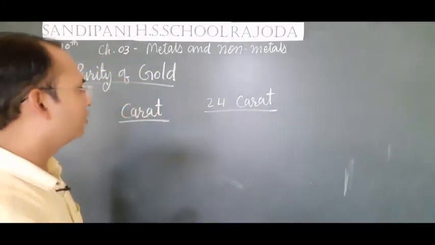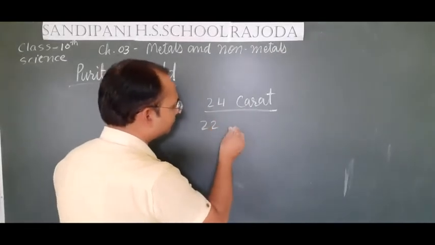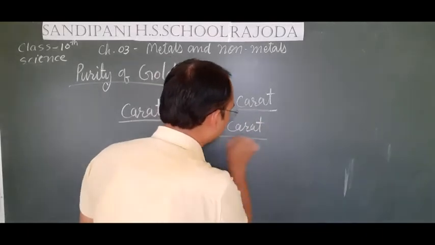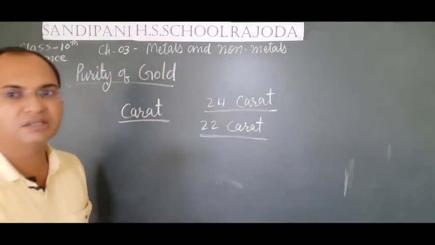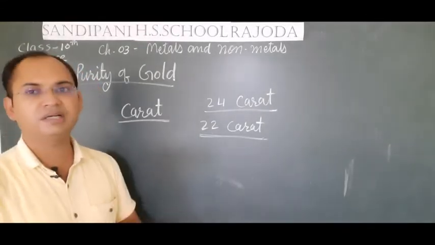So 22 karat gold is considered to be suitable for making jewelries and ornaments. What is the meaning of 22 karat gold?